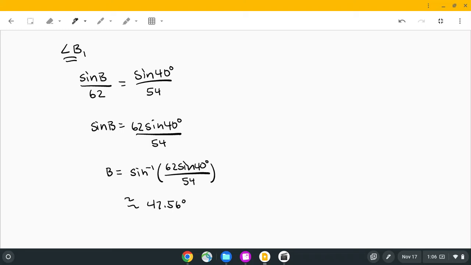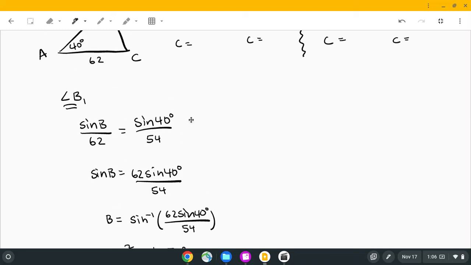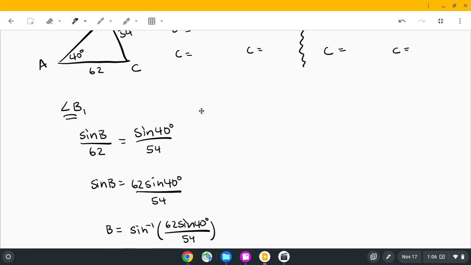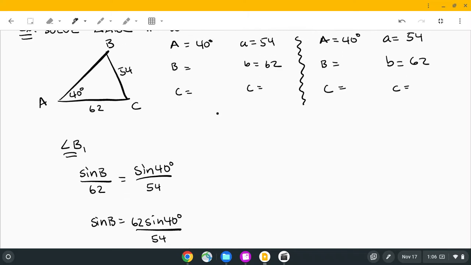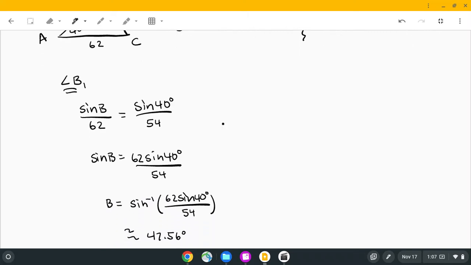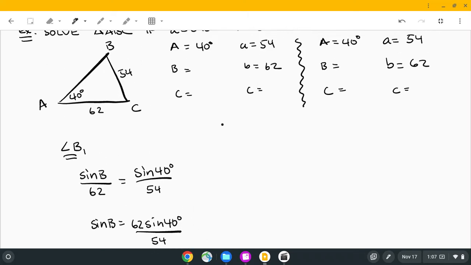So this is what we get, right? Okay, so now let's go ahead. That is definitely our first angle B, 47.56. Okay, so all right, two significant digits, so 47.56 is 48. So this is going to be 48 degrees. Let me do that in purple.